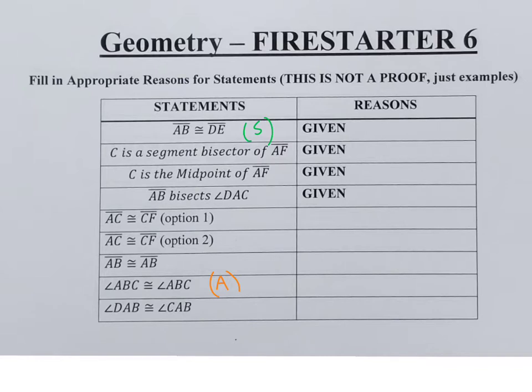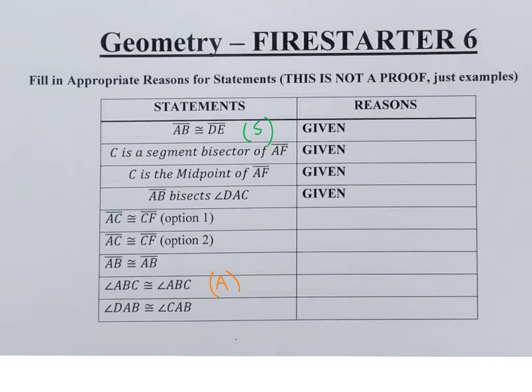Bisector means that it cuts 2 pieces in half. So one of the ways that I could say AC is congruent to CF is because of the definition, and that's just a fancy way to say definition right there, it's like math shorthand, of segment bisector. So because I know what segment bisector means, I get to say definition of segment bisector is a reason why these 2 sides are congruent.